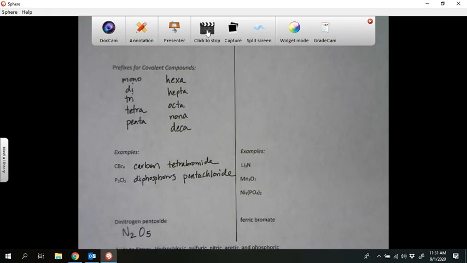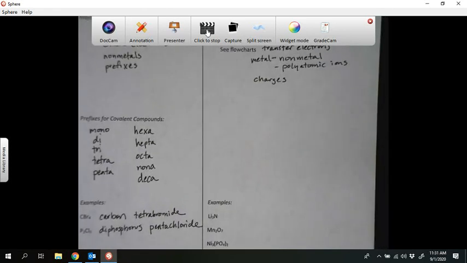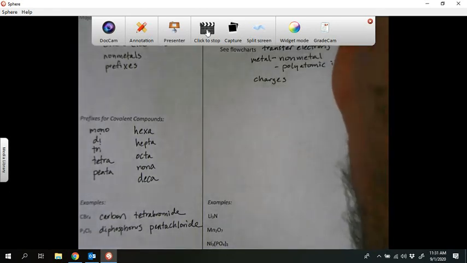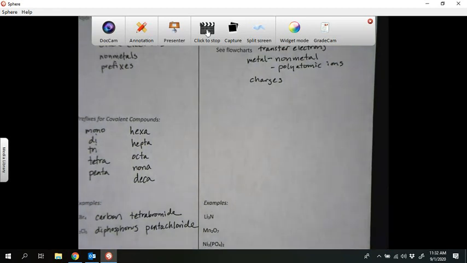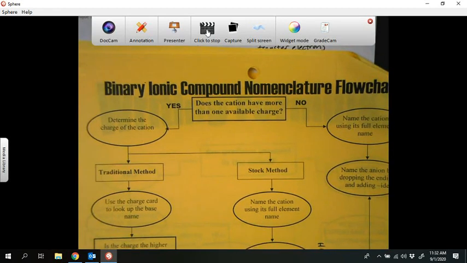If you have more than 2 elements in the compound, or you have a metal, you know you're going to have ionic. So with this one, I have flow charts in your salmon color packet, and those flow charts are going to be useful. So we're going to look at this one here, binary ionic compound nomenclature flowchart.